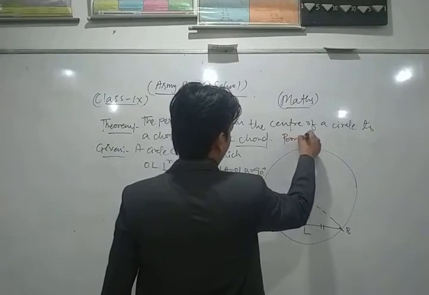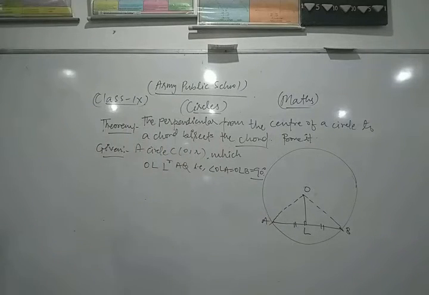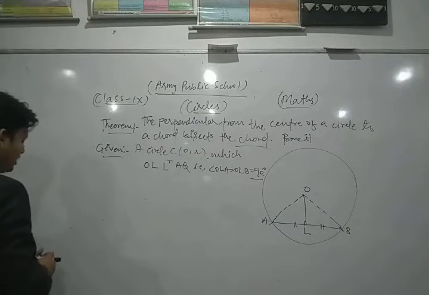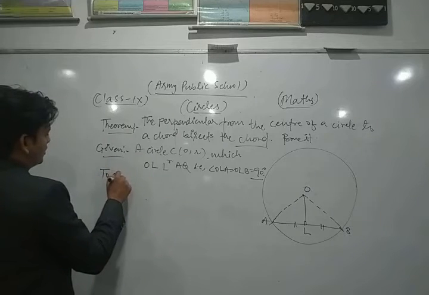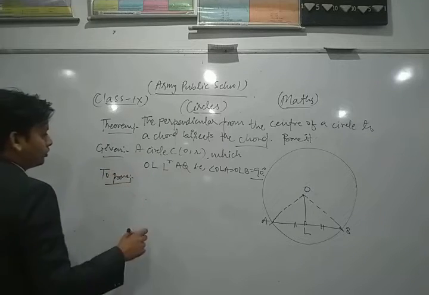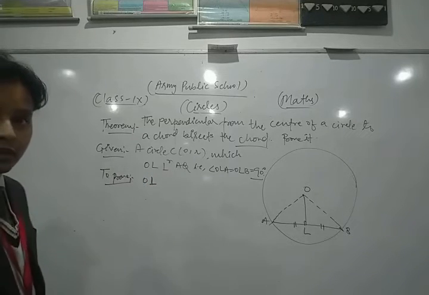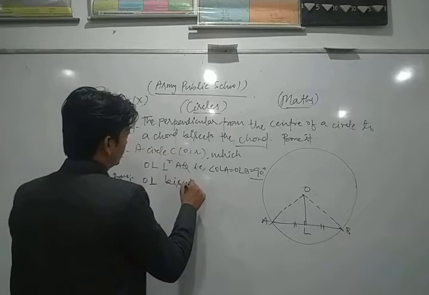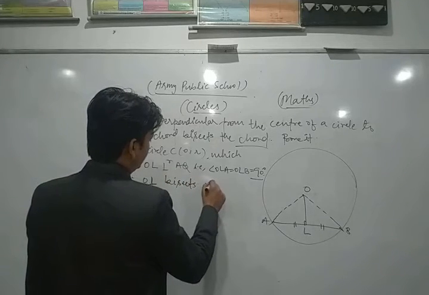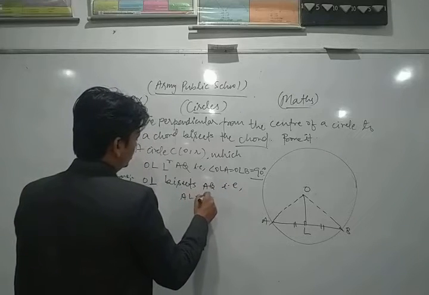Now look, after that we write to prove. We have to show that OL, dear friends, bisects AB, that is AL is equal to BL.